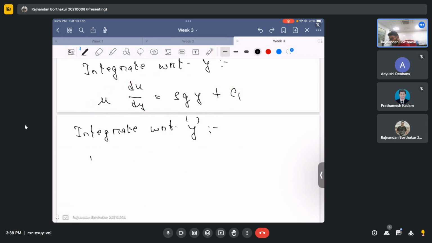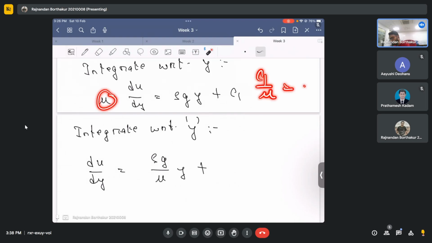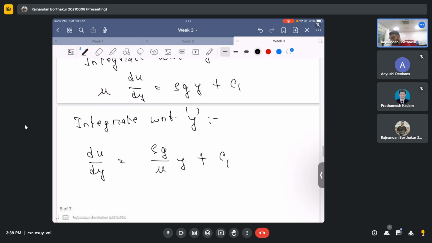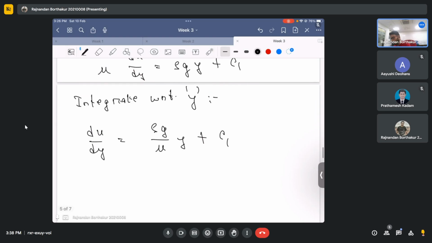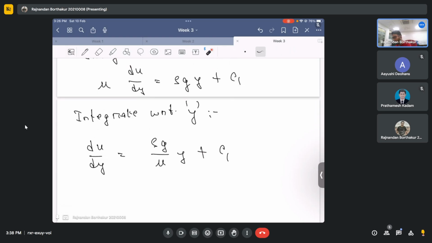So this becomes du by dy equals rho g by mu times y plus, since mu is a constant, c1 by mu will also be a constant, which we are again writing as c1. Again, c1 is an arbitrary constant, so c1 by mu is also an arbitrary constant, and without loss of generality, we are writing it as c1.